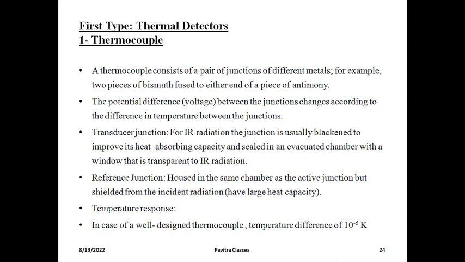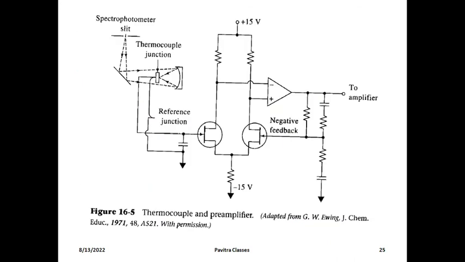There are two junctions: one is the transducer junction, one is the reference junction. In the same chamber, the reference junction is shielded from the incident radiation. For the temperature response of a well designed thermocouple, the temperature difference will be 10 raised to minus 6 Kelvin. This is the outline of the thermocouple detector.